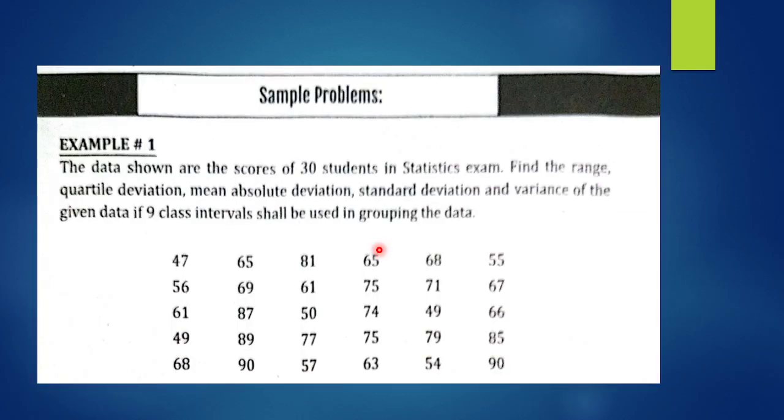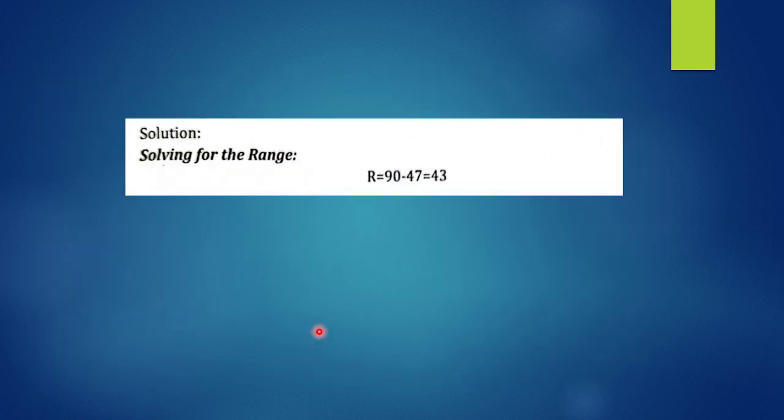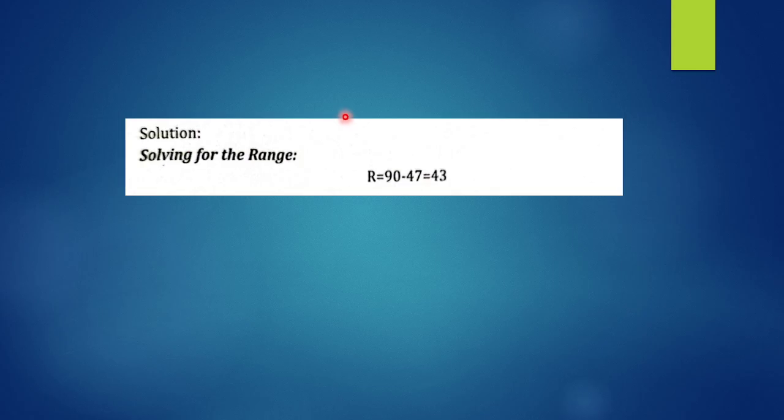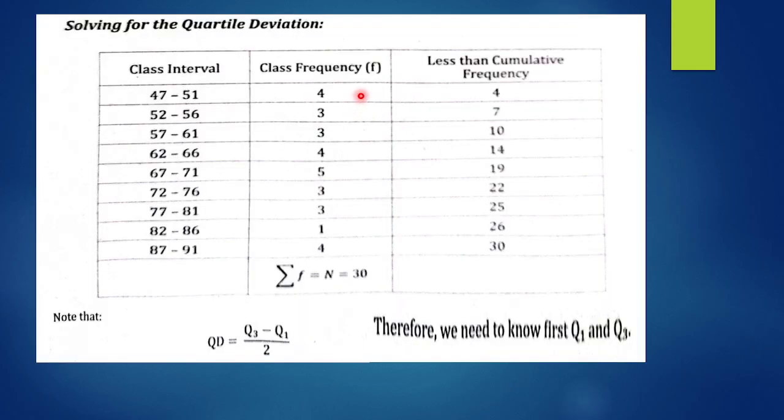You can check that 90 is the highest and 47 is the lowest. So R is equal to 90 minus 47, which is 43. And then we're done with the range, which is 43. Let's proceed to the next question, which is quartile deviation.